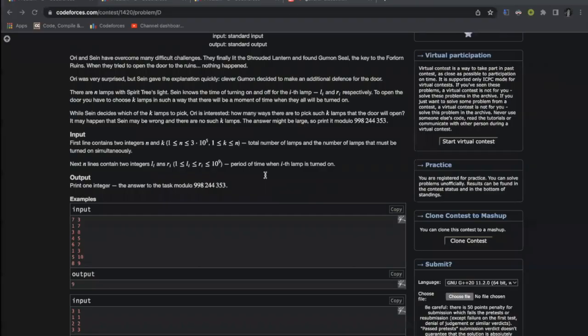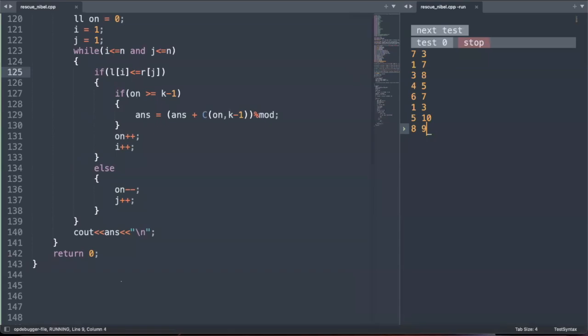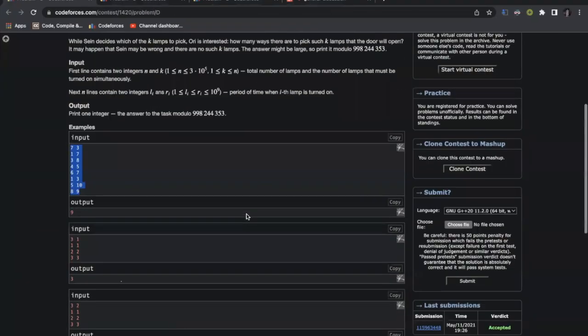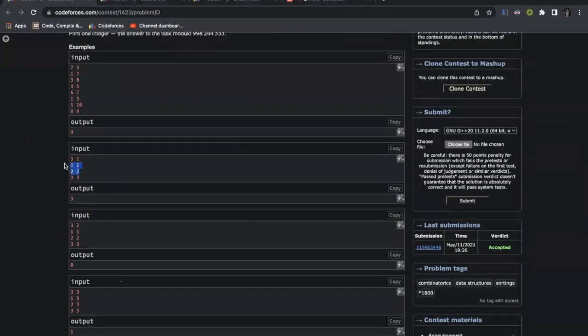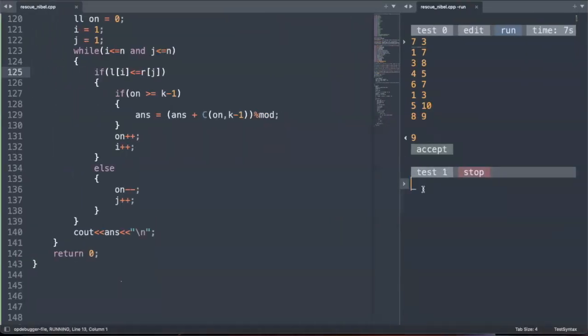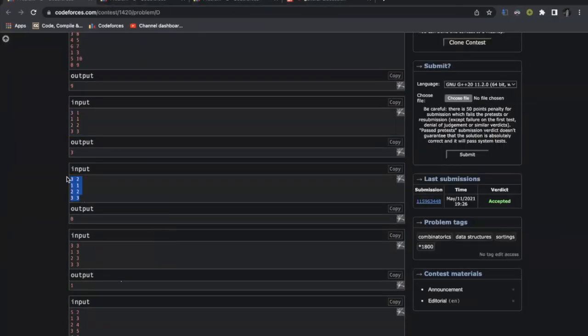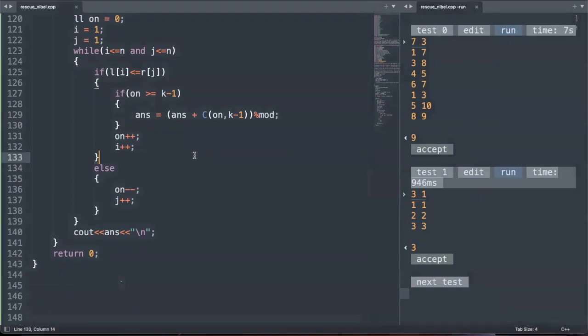Okay, this is weird. Let's copy everything. Oh, it's giving 9. That looks correct. 3 is correct. Okay, let's just submit.